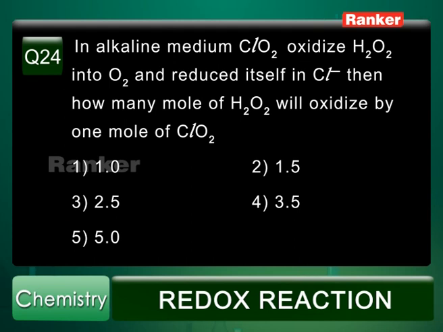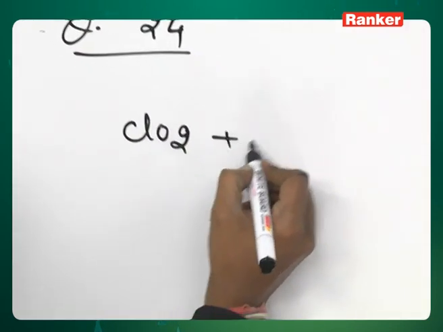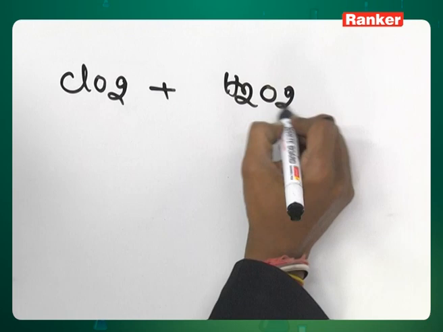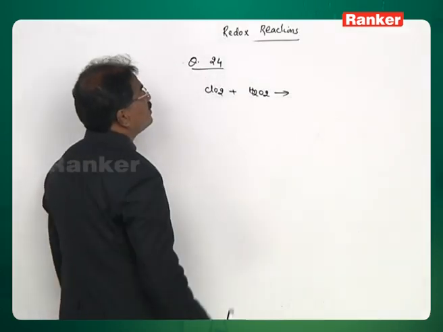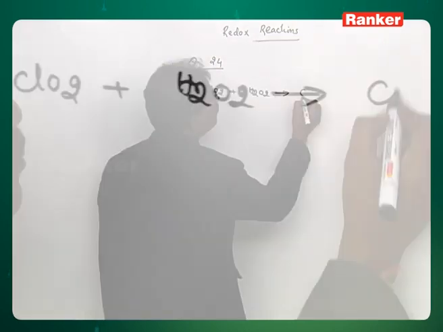Next, question number 24. In alkaline medium, ClO2 will oxidize H2O2 into O2 and reduce itself into Cl-. Therefore, how many moles of H2O2 will be oxidized by 1 mole of ClO2? ClO2 plus H2O2. ClO2 is undergoing reduction into Cl-.